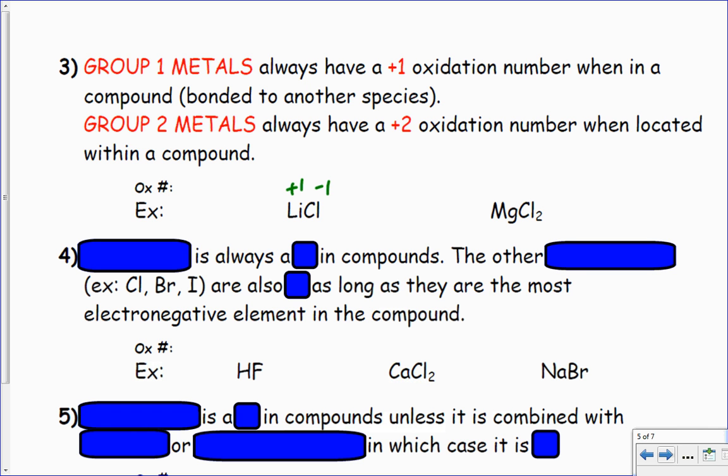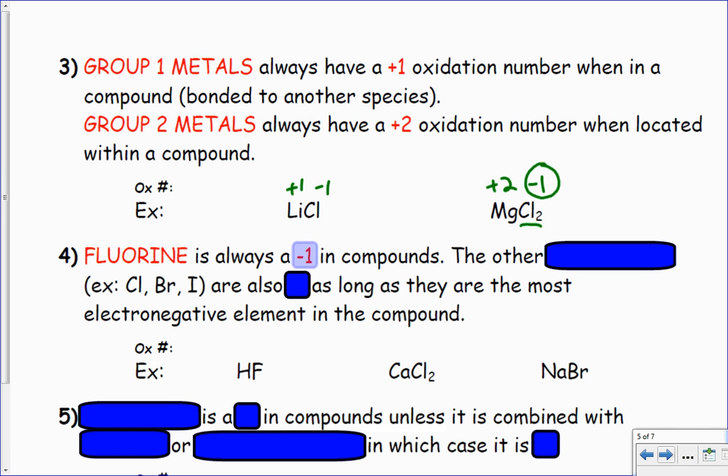Mg is a +2, it's in group 2. Cl is a -1. Just remember I have 2 -1s. But I remember in the last slide, it said the charge up here has to be the charge for 1 atom. 1 atom of chlorine is -1. We have to do it that way to keep everything right.